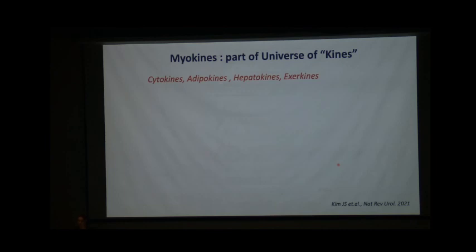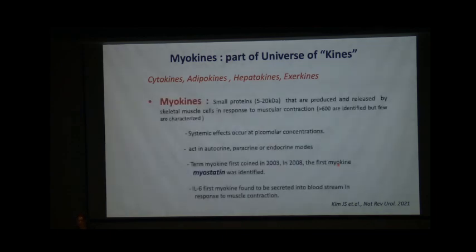We have known cytokines for the last 50 years. They were identified as small proteins acting as chemical messengers, key players in various biological functions. Adipose tissue and liver also release such proteins, termed adipokines and hepatokines.